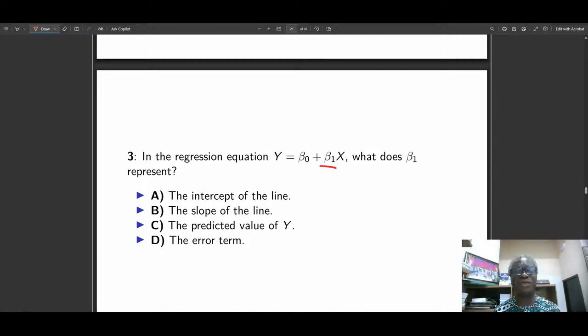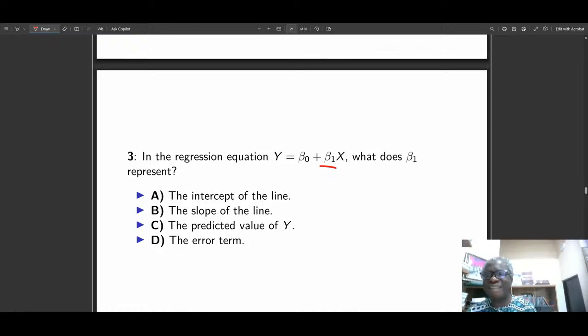The intercept of the line, the slope of the line, the predicted value of y, the error term. Everybody should get this, I suppose.